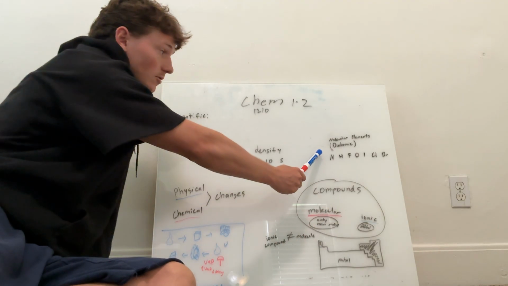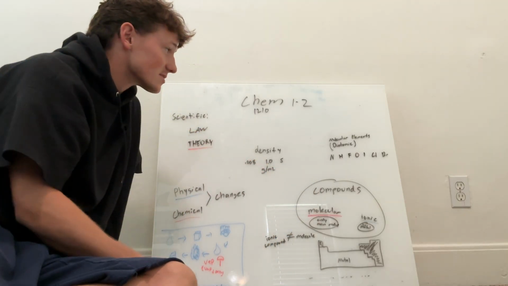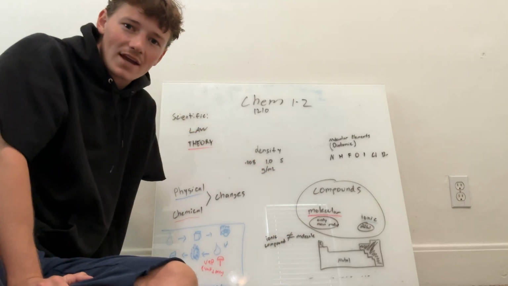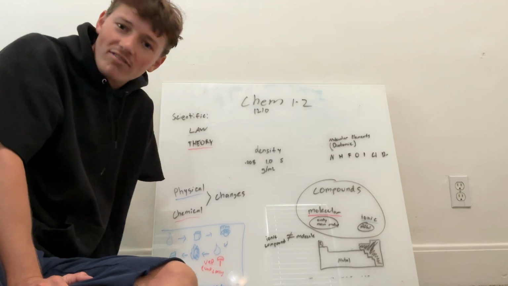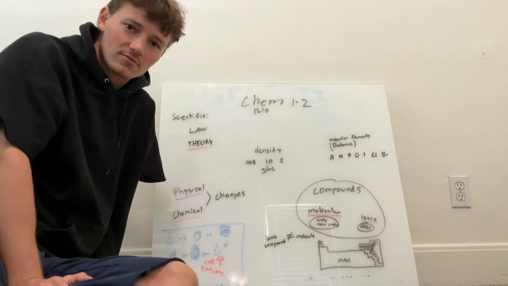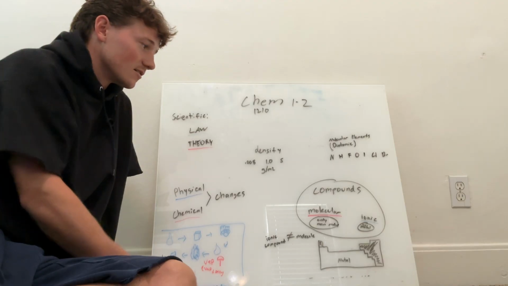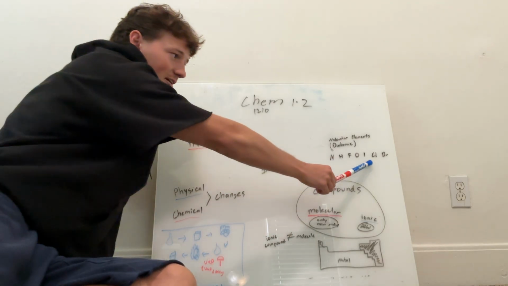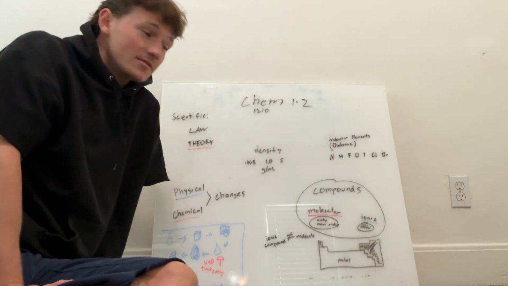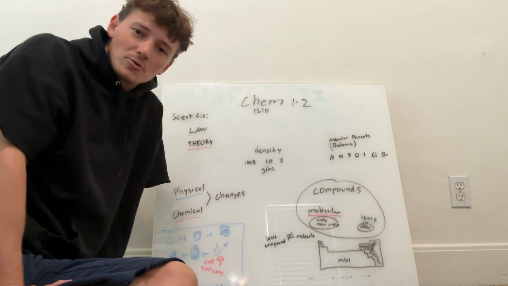And that brings us to molecular elements, or diatomic elements, meaning you won't find them naturally by themselves, ever. This is a little acronym. Never have fear of ice cold beer.